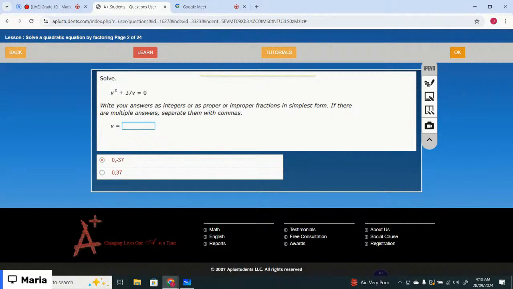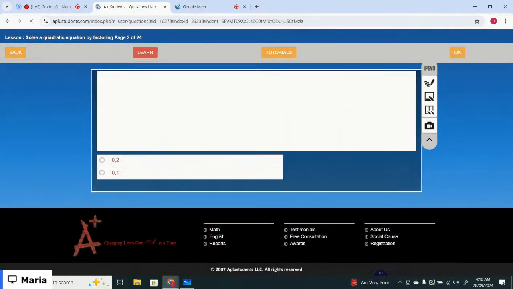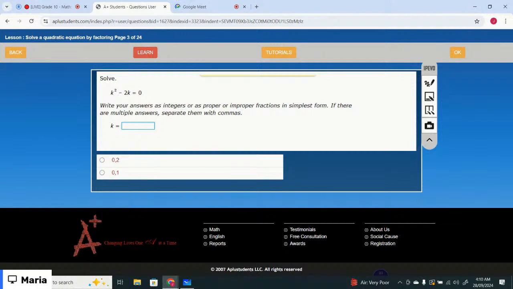Okay, the next one is k square minus 2k. So which is the correct option? That is option number 1, 0 and 2.